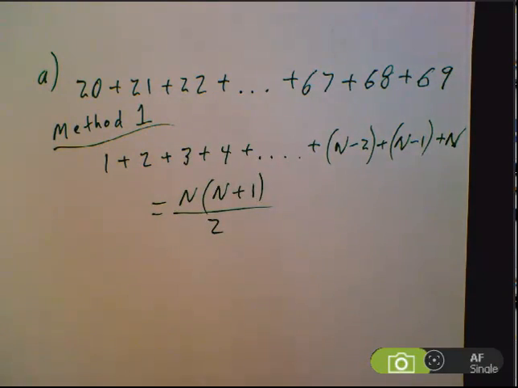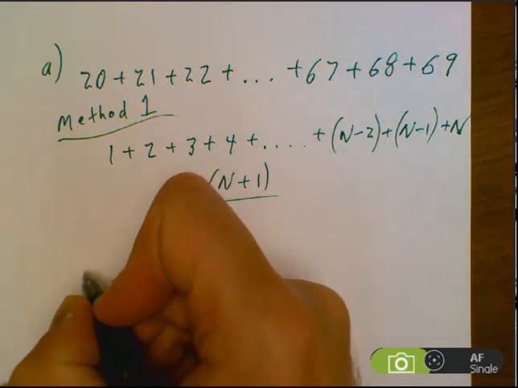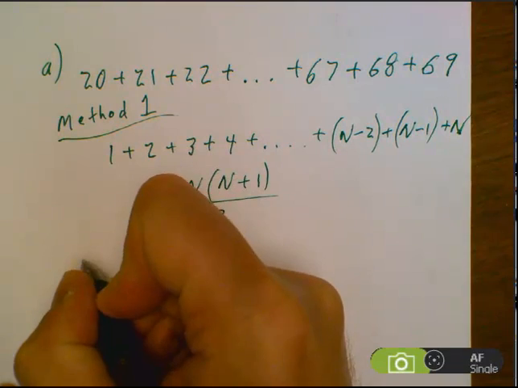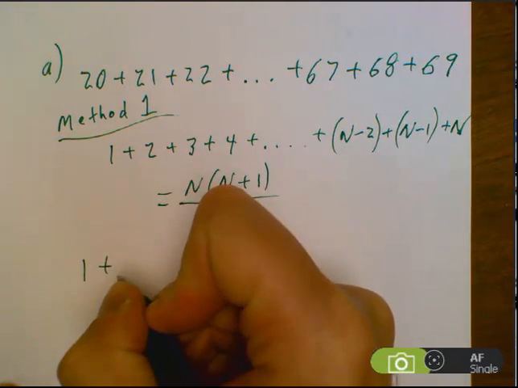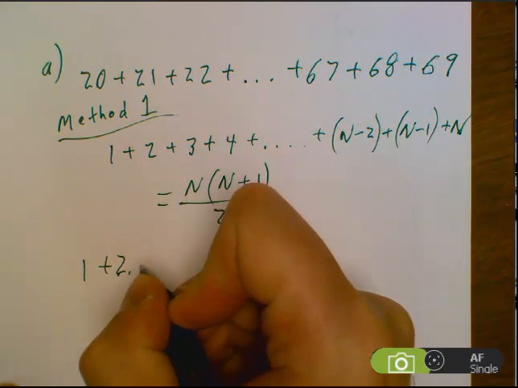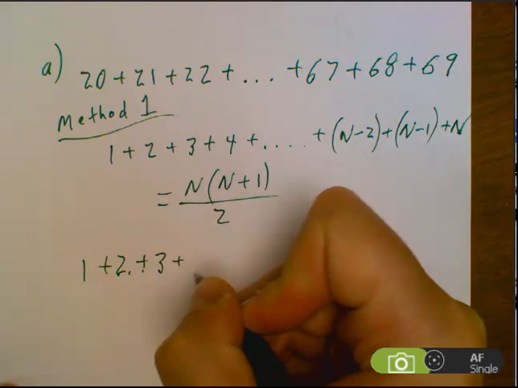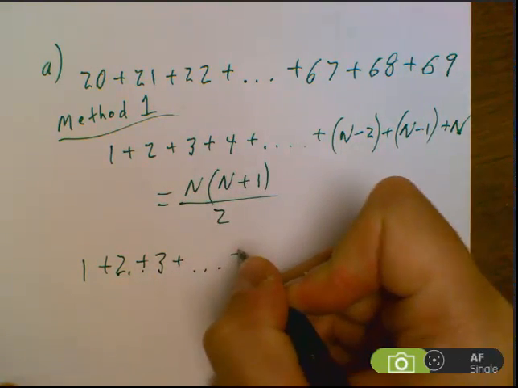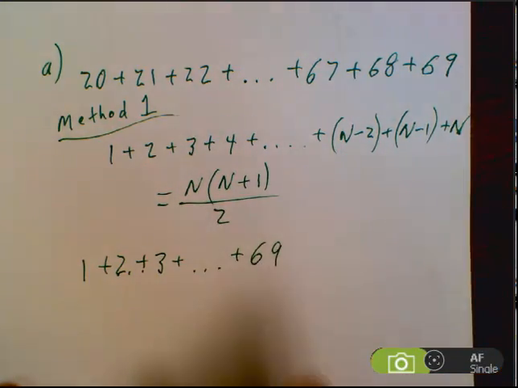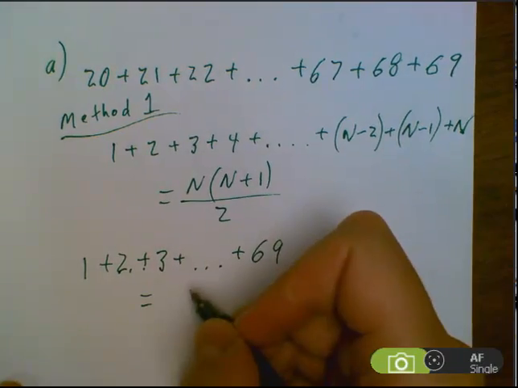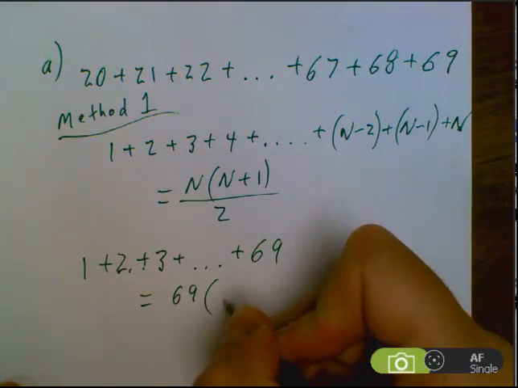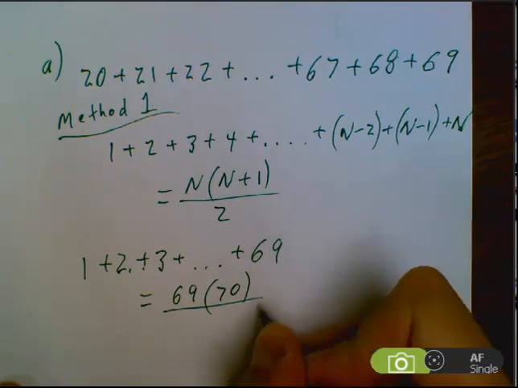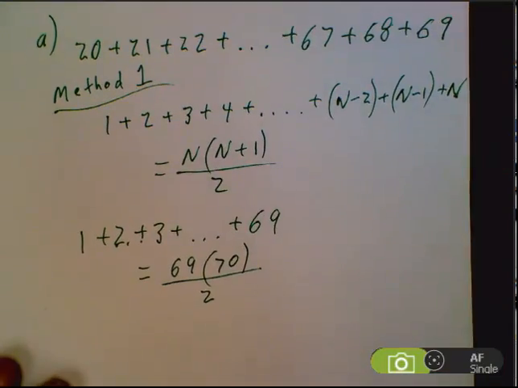So what we could do here is sum up all the numbers from 1 plus 2 plus 3 plus ... all the way up to 69. That would be equal to 69 times 70 divided by 2.